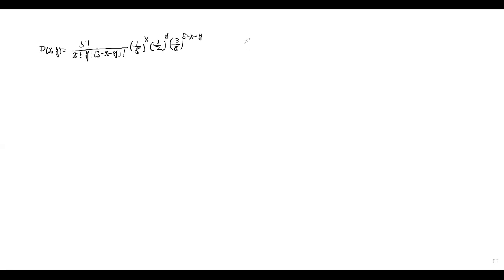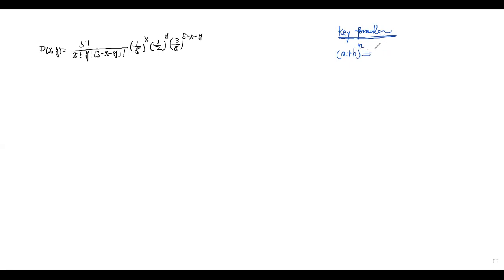Like I mentioned before, the key formula we're going to use for solving this problem is the binomial expansion. So let me write this formula here. How do you expand (a plus b) to the nth power?